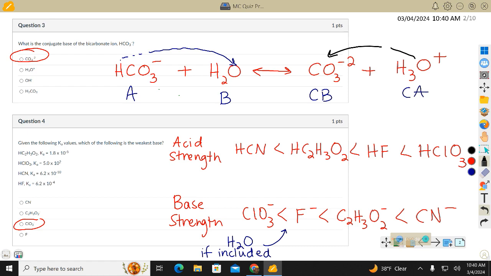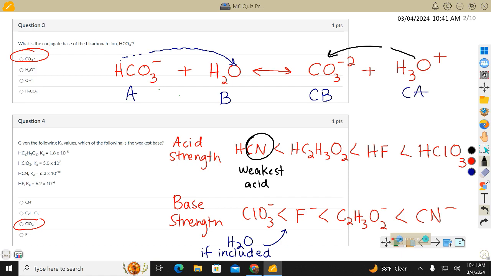I would say the reason why this HCN is the weakest acid, well, it's really because of this negative cyanide ion. That cyanide ion is really attracted to the hydrogen. If it's so attracted to the hydrogen and it just doesn't let go and dissociate, well, yeah, that's a weak acid.